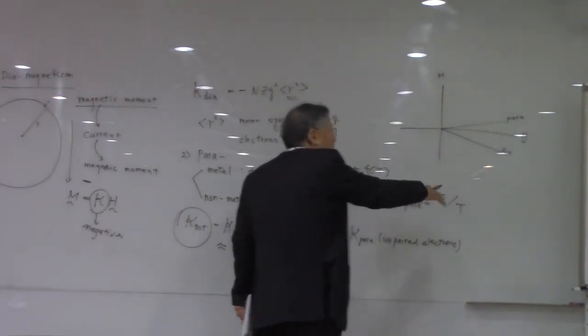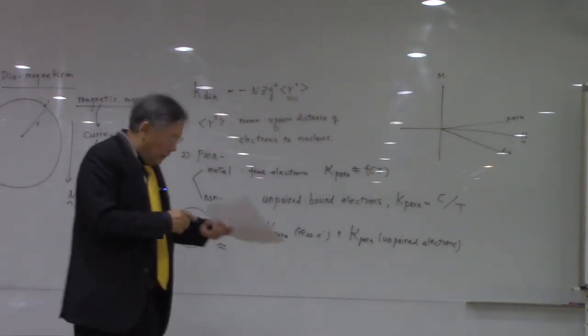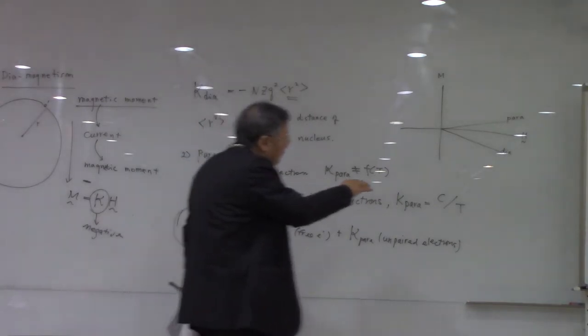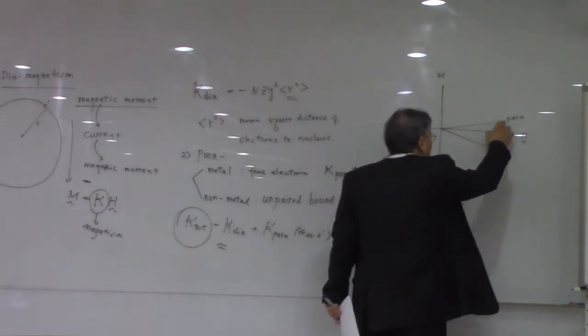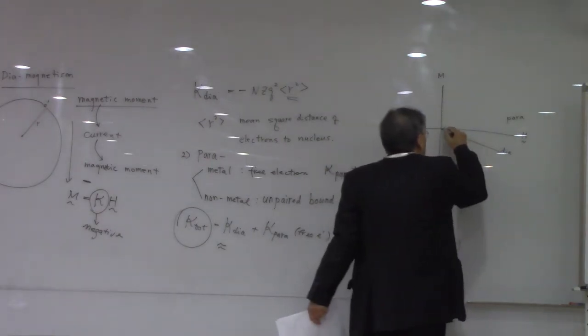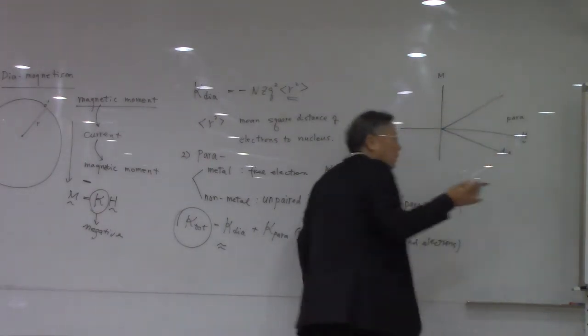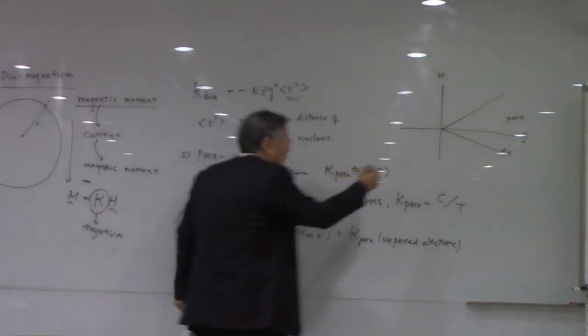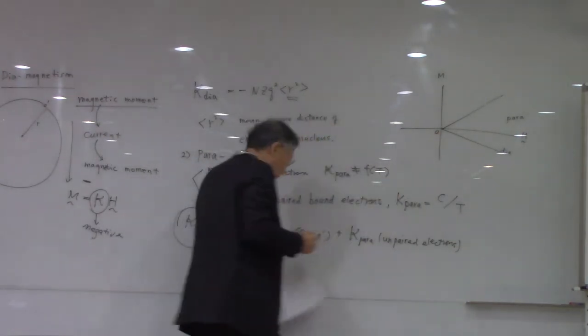And the y scale is almost the same. Okay? I think dia is more or less than the para, so if you draw in the same sense, we have to draw something like this. Okay? Dia is negative and para is positive.